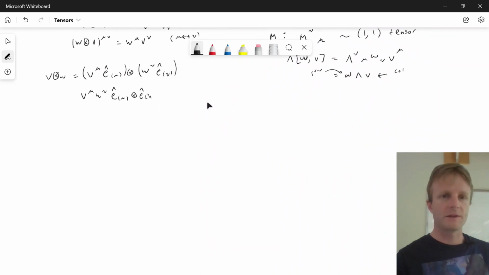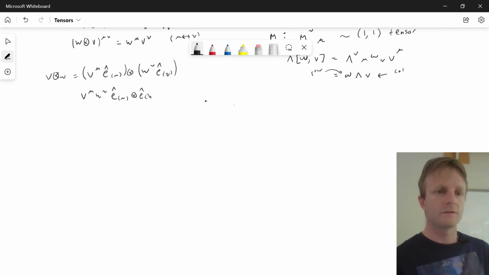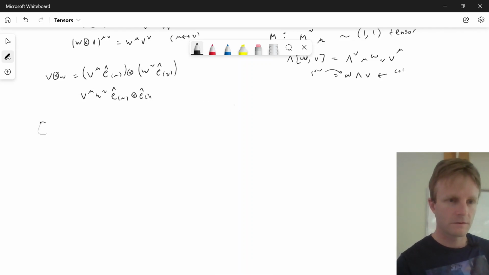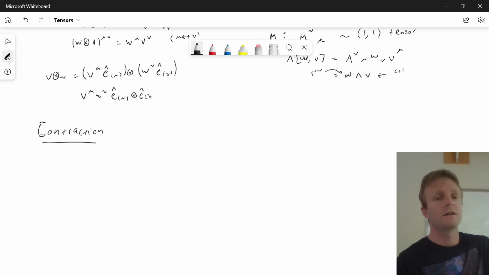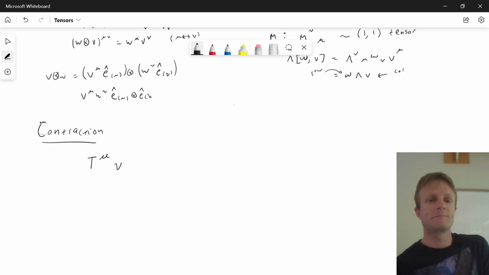So here's another manipulation you can do. It's called contraction. We've already seen an example of this. If you take a tensor T mu nu, what you can do is get a new tensor, the contraction of T, which has the components T mu mu.